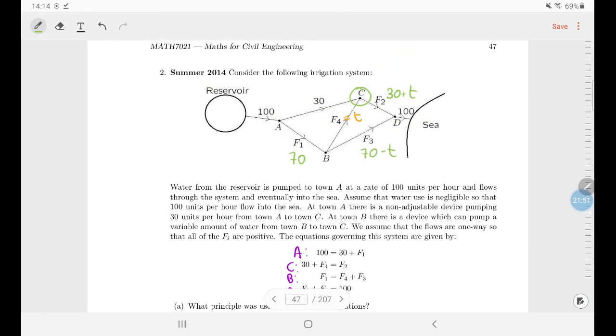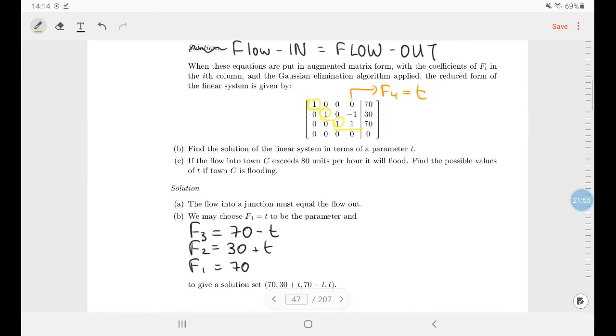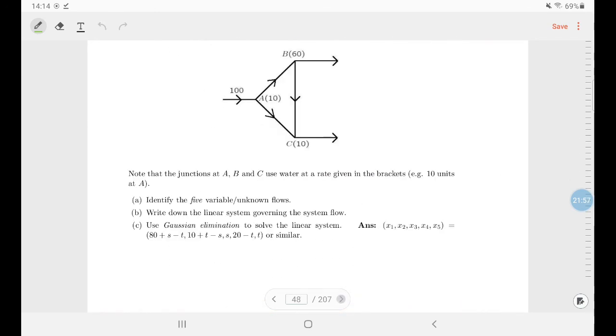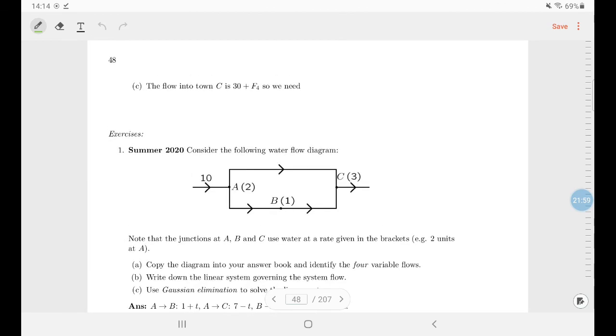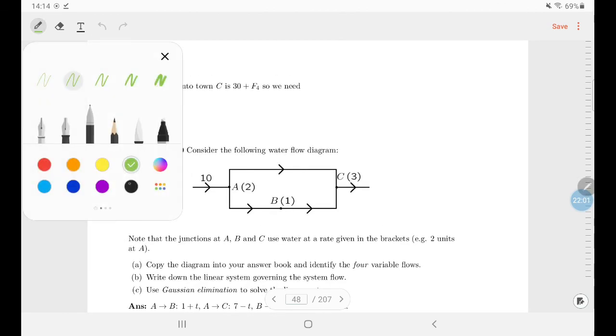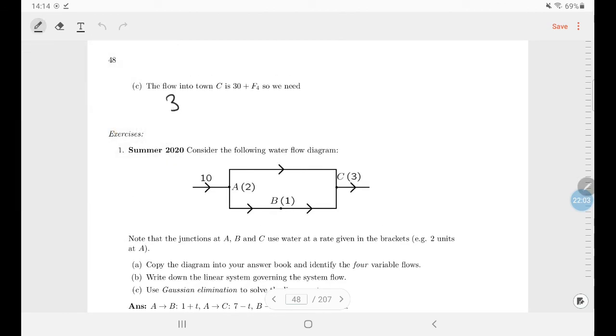The flow into town C is 30 plus T, yeah? And then it says if that is bigger than 80, it floods. So we want to solve 30 plus T to be bigger than 80. And with an inequality, you can take away from both sides, take away the 30 to get T is bigger than 50. There we go.